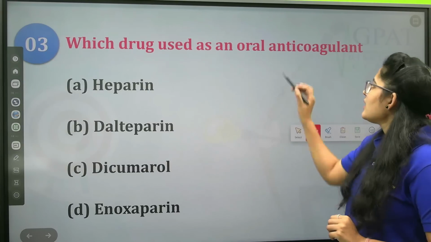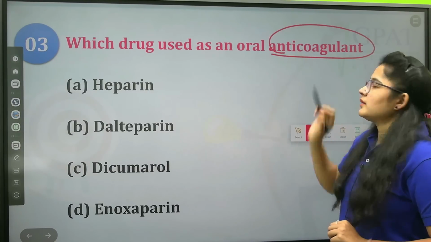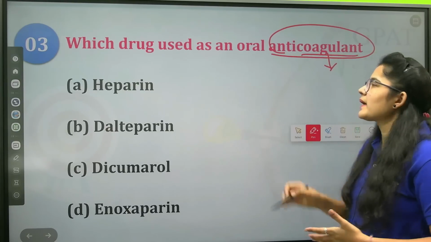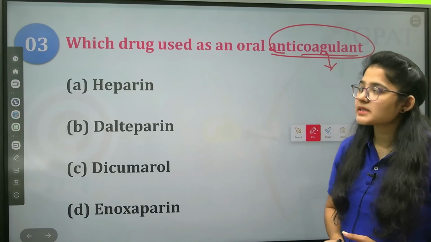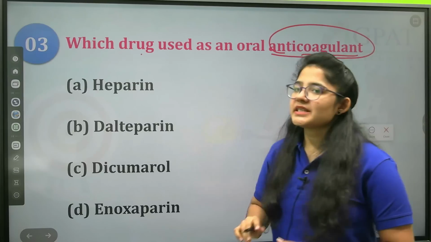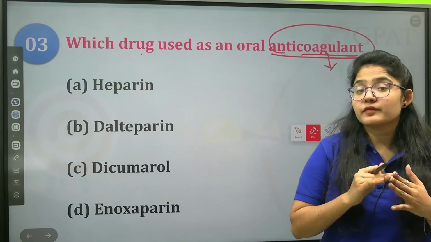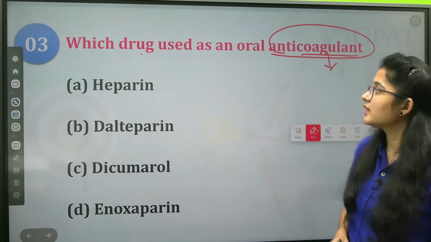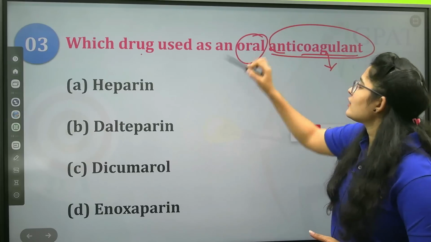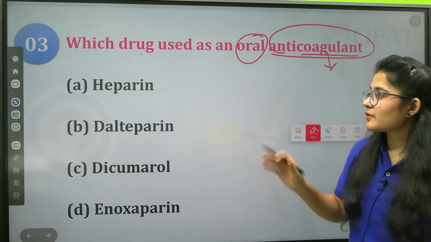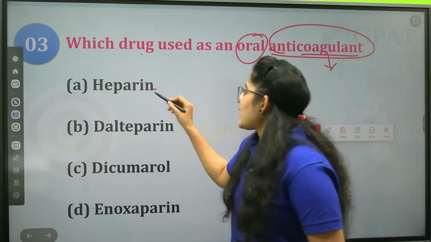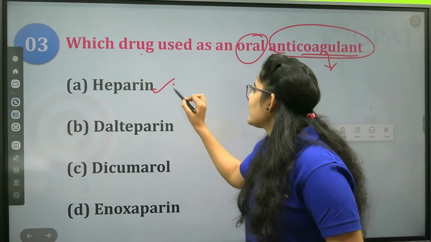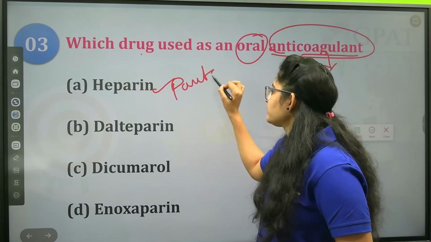First thing, anticoagulant. Anti means the opposite, coagulate means which coagulates your blood, so the drug which is used for the opposite action of coagulation, and that is also given by the oral route. So, what will be the drug? Heparin is an anticoagulant drug, you know very well, but it is given by the parenteral route.